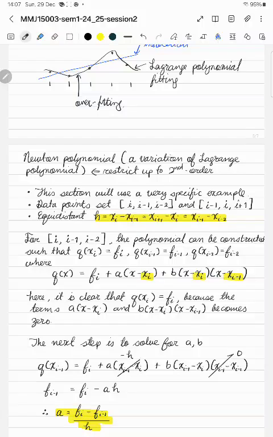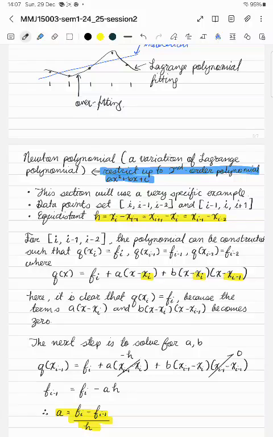Second order polynomial, we're going to stick to that. So this is the case of ax squared plus bx plus c, because usually this level of interpolation is enough for most engineering applications.